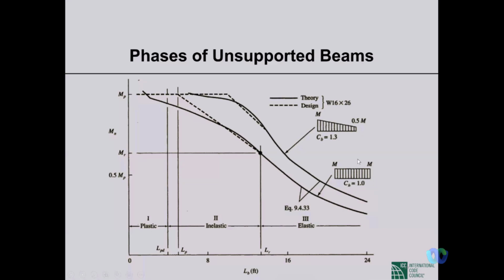But when the maximum moment is M, and we are calculating everything for M, and on the other side we have less moment, then we can increase the capacity a little bit, and this factor is called Cb, due to uneven moment on both sides. So if the moment is uniform on both sides, then Cb is 1. But if it is not uniform, then we can increase the capacity a little bit.